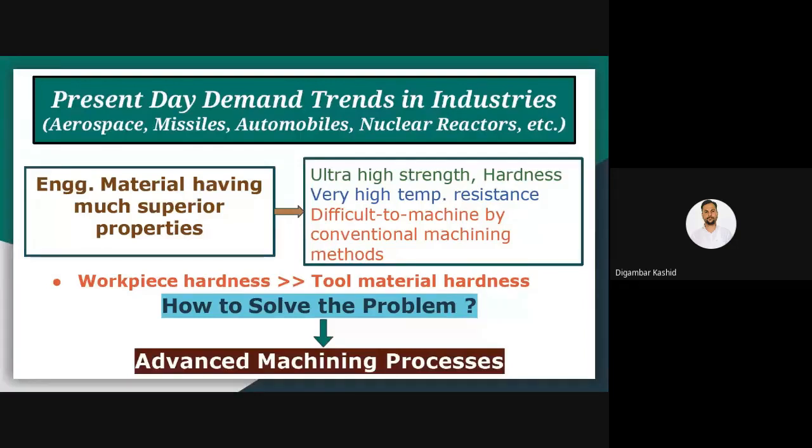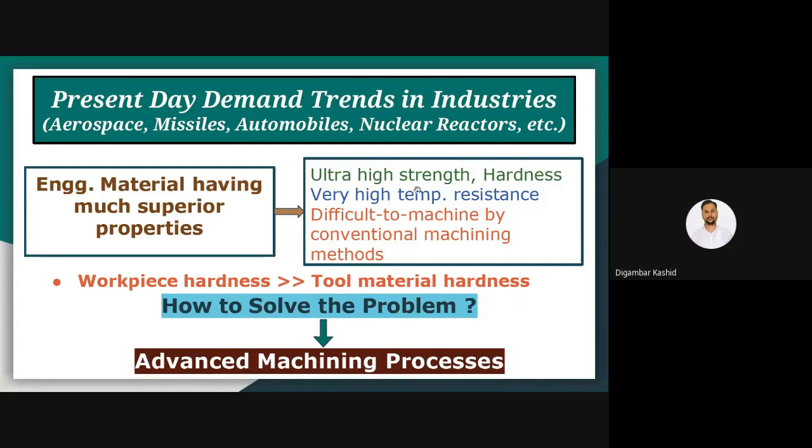Turbine blades operate at 1100 or 1200 degrees centigrade, so the metal should have the superior property of very high temperature resistance.